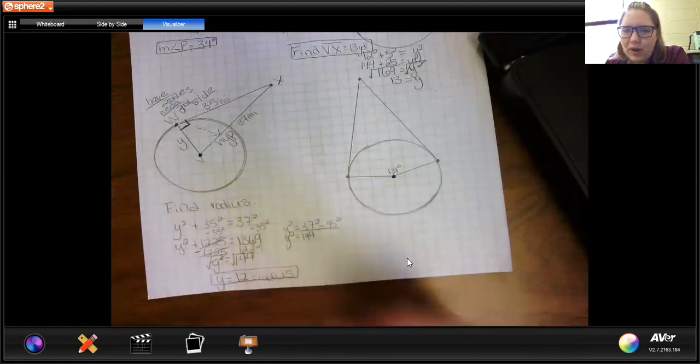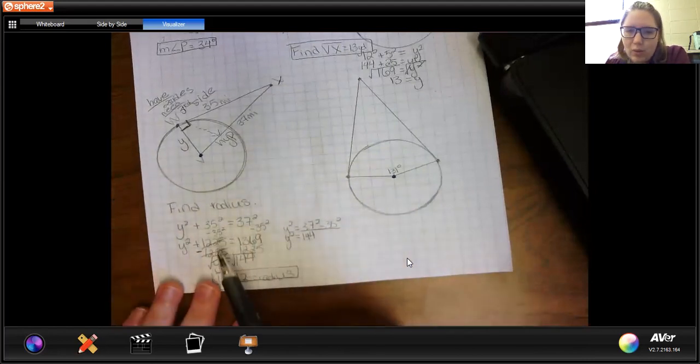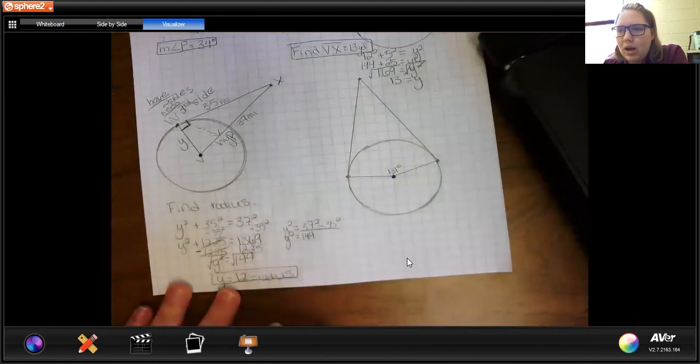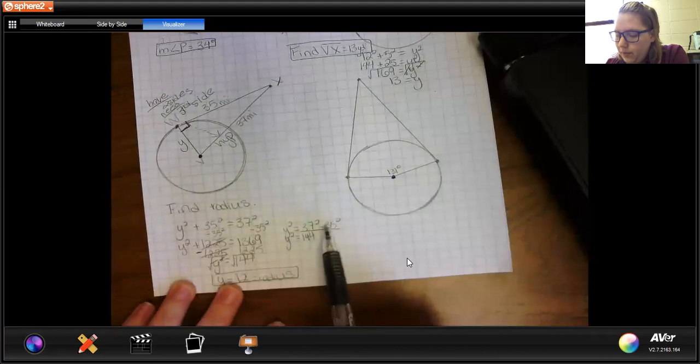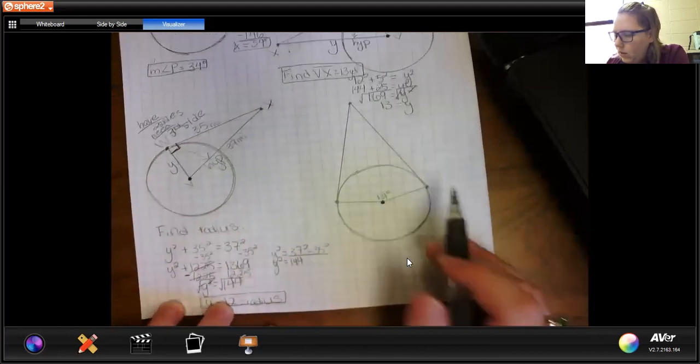Either option is fine, whether you subtract before or after you square, as long as you do the squares before you combine these.